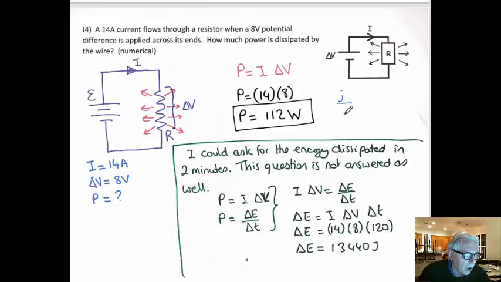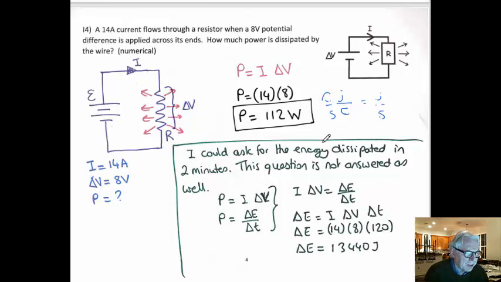Watch out for your units. Joules per coulomb for my voltage, and for my current it's coulombs per second. So this gives me joules per second, which is power, watts. So that works out. It's 14 times 8, 112 watts.